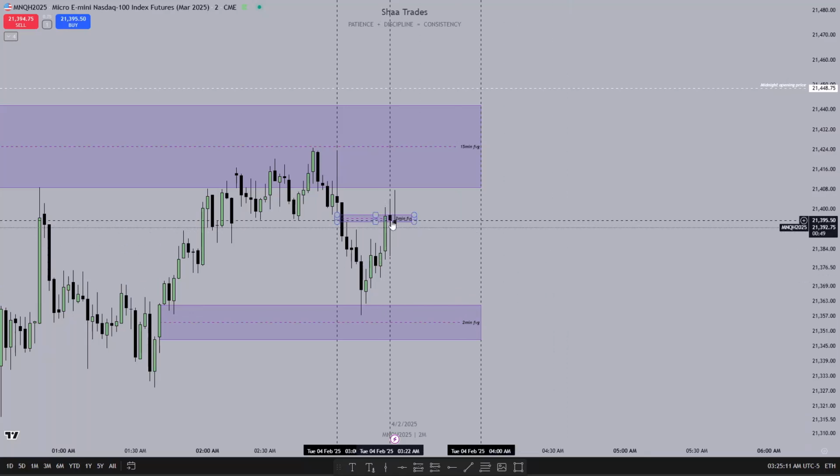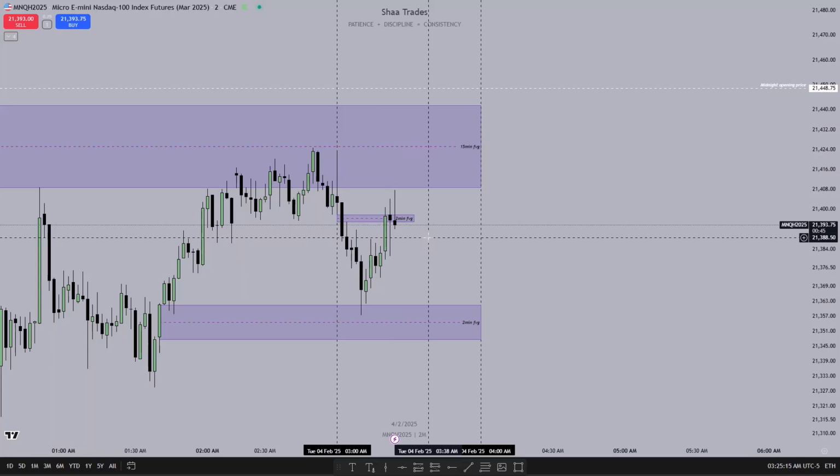Looking at about here, see price trades here, and then go back up.